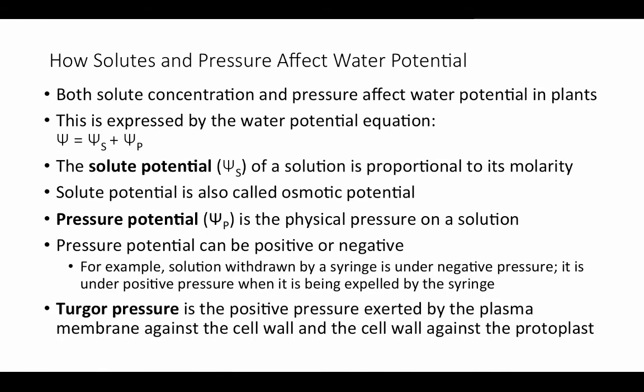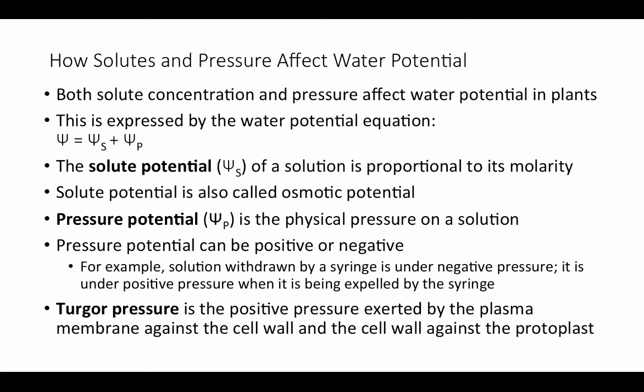And then the other kind of pressure that we see in plant cells is something called turgor pressure. This is the positive pressure exerted by the plasma membrane as it's taking in water and swelling and swelling and swelling. It's going to push against the cell wall, and according to Newton's laws of motion, as long as that cell wall is rigid, it's also going to exert an equal and opposite force back on that plasma membrane, and this is known as turgor pressure.